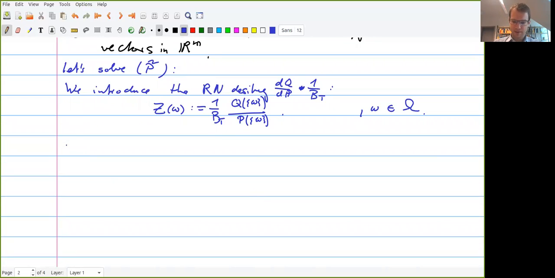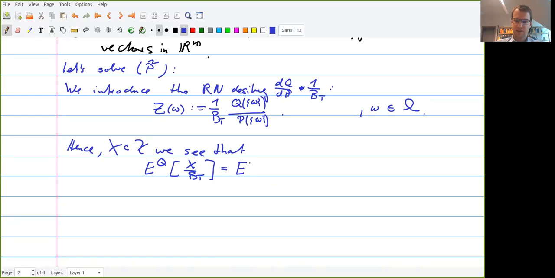Okay, and the nice thing is, hence, if I have an X in our set, we see that if I want to calculate the expectation under Q of X divided by B_T, and I want to do this because this is our linear constraint, this is nothing else than the expected value under P of X multiplied with Z. Right?